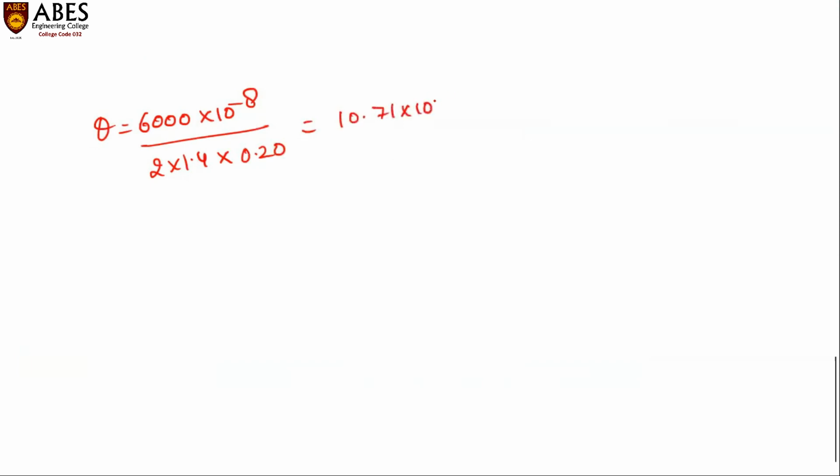We have the data: theta is equal to 6000 into 10 to the power minus 8 upon 2 into 1.4 into 0.20, that comes to 10.71 into 10 to the power minus 5 radian, and converting to degrees, multiplying by 180 by pi, that comes to 0.0061 degree.